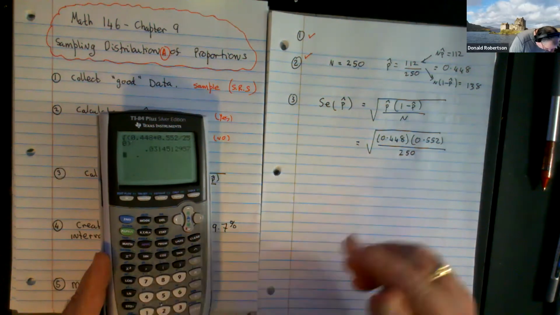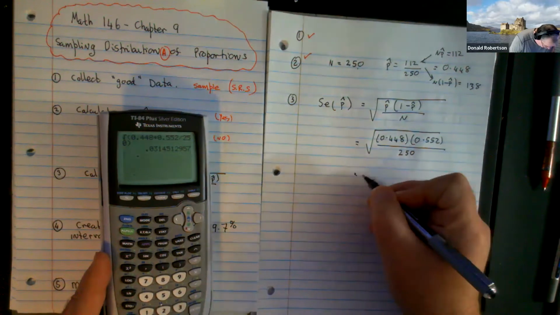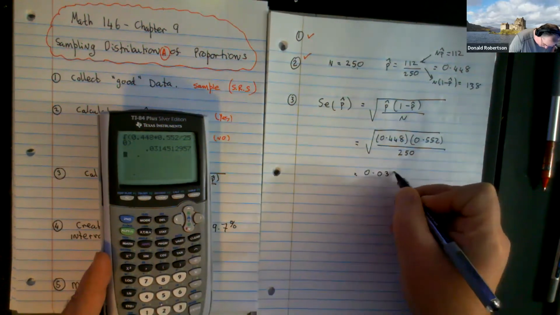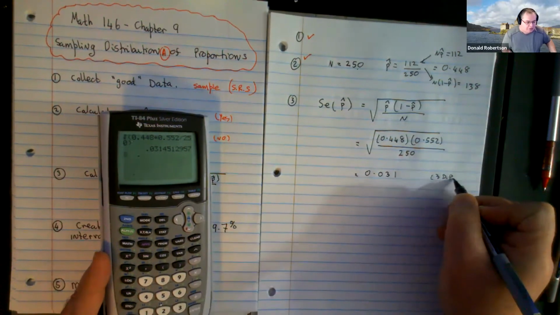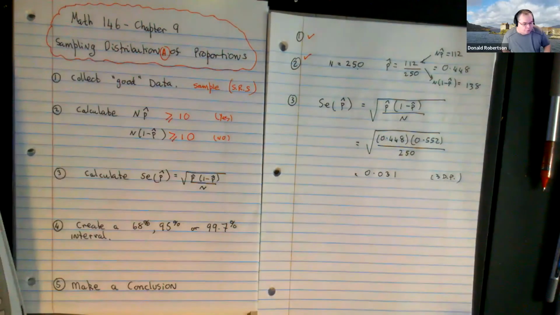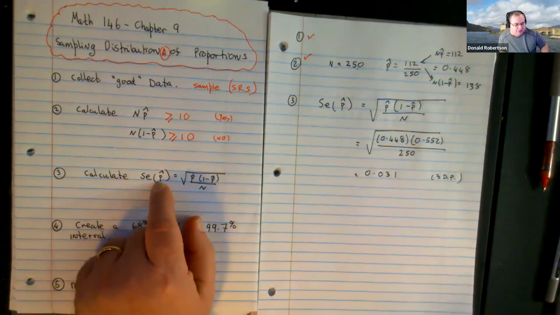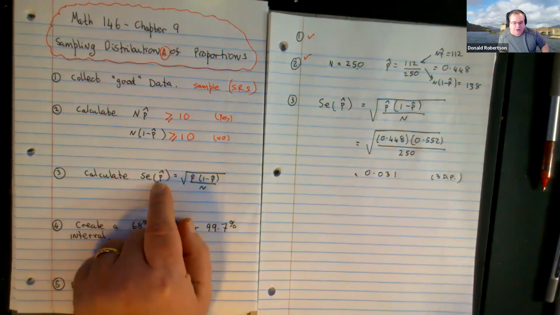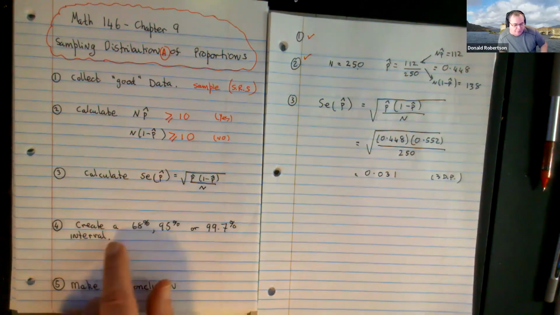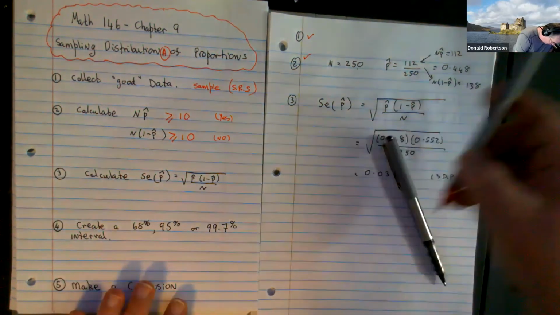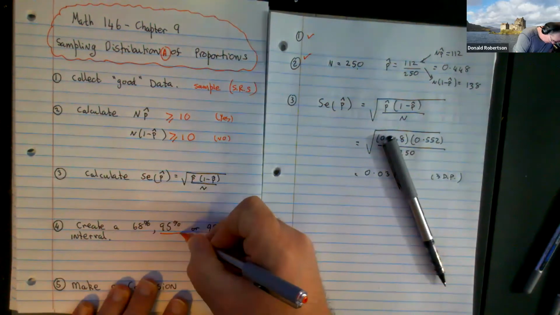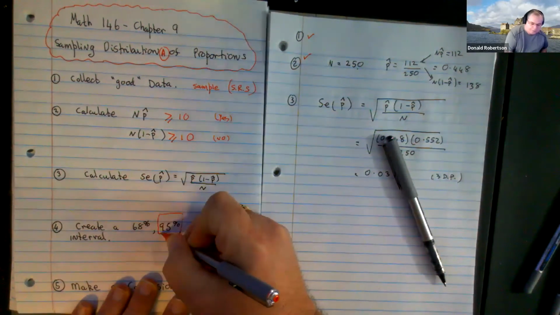And the answer I get is about 0.031, rounded off to 3 decimal places. Now, once you know the standard error and you've already calculated P, you then can create one of these intervals. Depends on what they ask you, but the most common one that you're going to be asked is the 95% one.